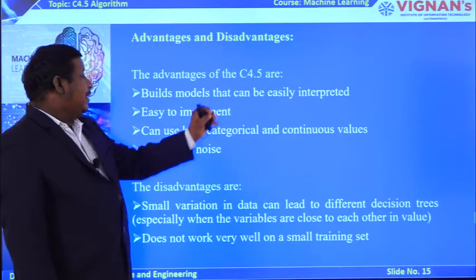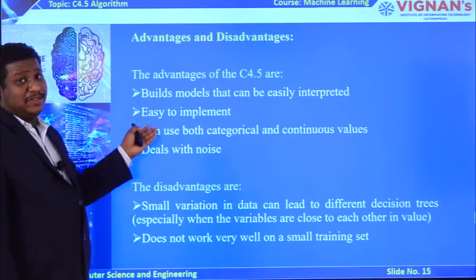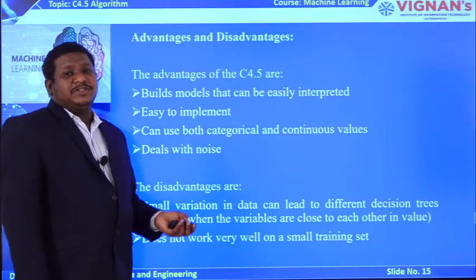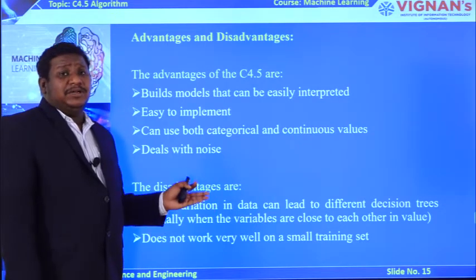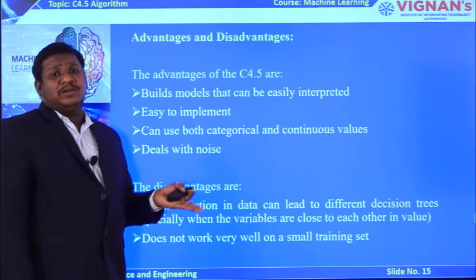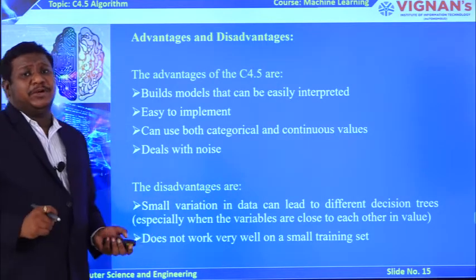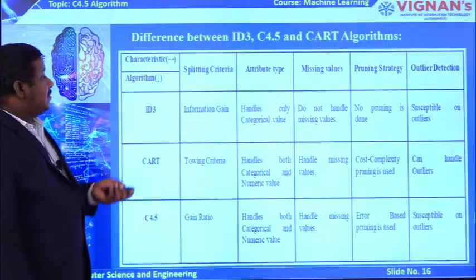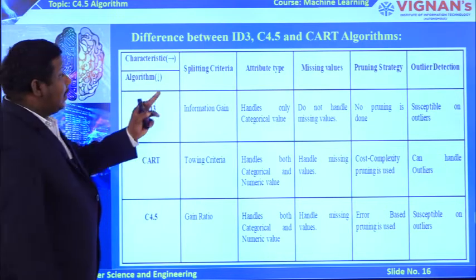It can be easily built, easily implemented, and it can be used on both continuous values and discrete or categorical values, and it deals with noise. Similarly, the disadvantages are it cannot be implemented on a small data set, and small variation in the data can lead to bad decision tree construction.